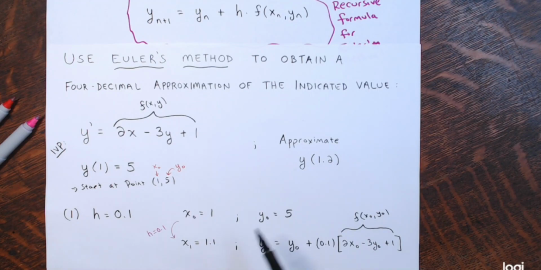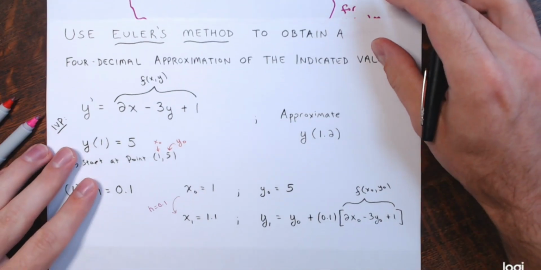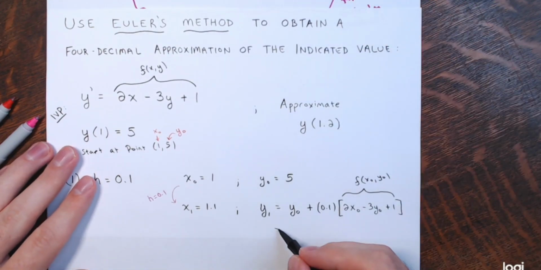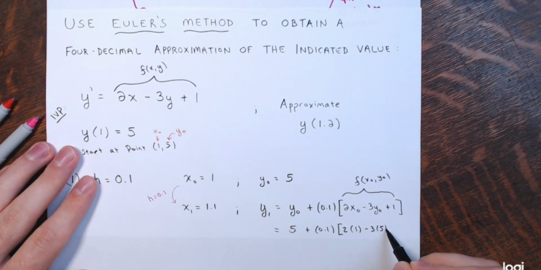Then we just take one more step to get the value of y approximated at x equals 1.2. So y sub 0 we said was 5, plus 0.1 times 2 times 1 minus 3 times 5 plus 1.